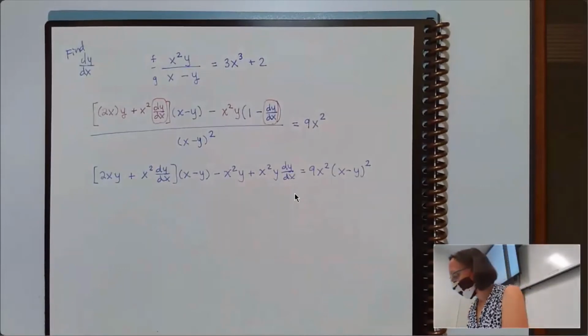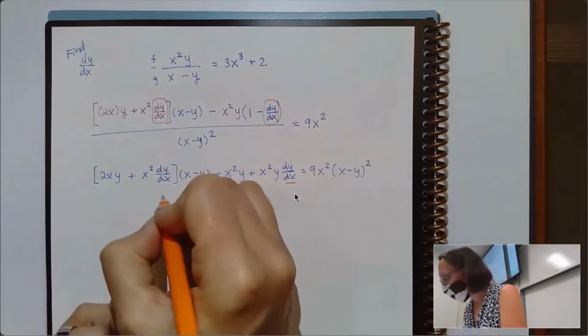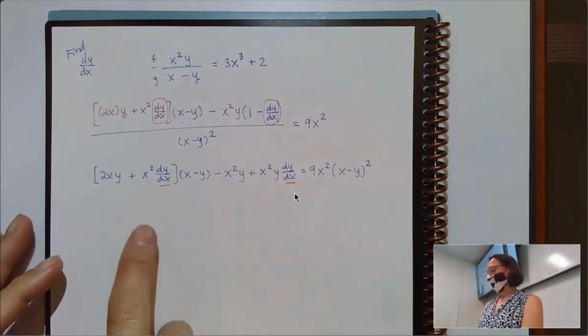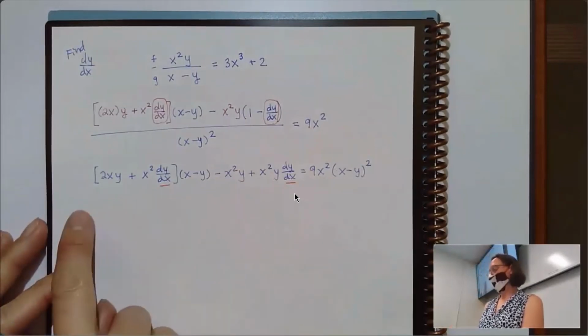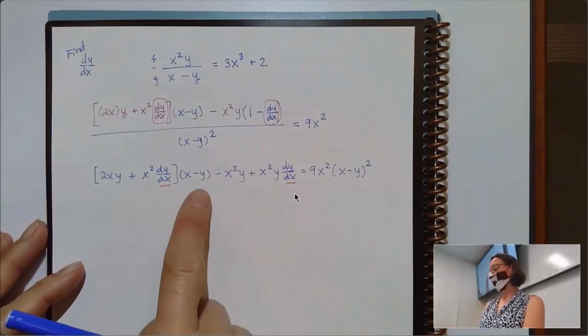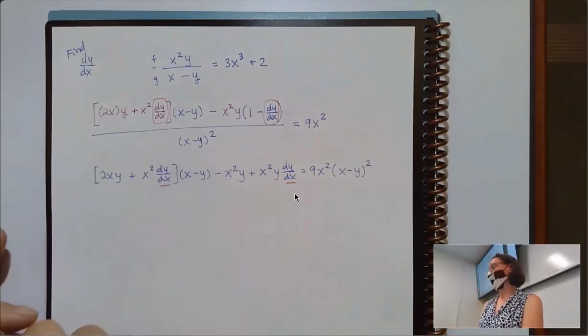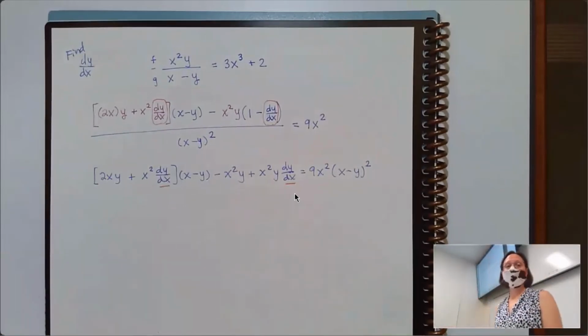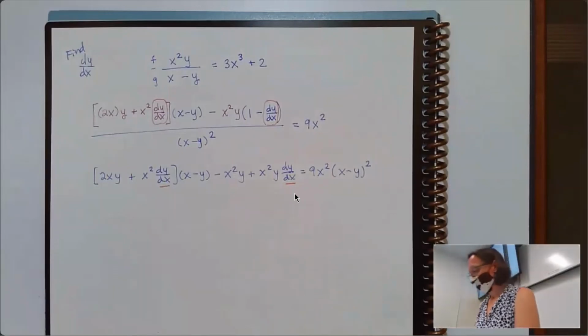If my objective is to get the dy/dx's by themselves, I don't really have a choice. I have to FOIL this out, or at least distribute the x minus y through. Whether you completely multiply stuff out or just drag around parentheses, either one's fine.